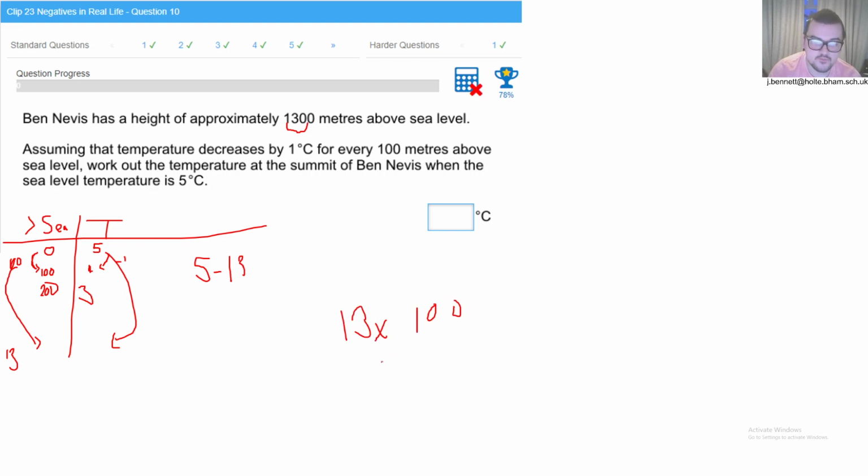For every 100 we subtract 1, so it's 13 times minus 1. If the original is 5, then it's 5 subtract 13, which is minus 8. So the temperature at the summit of Ben Nevis, when the sea level temperature is 5, is minus 8 degrees.